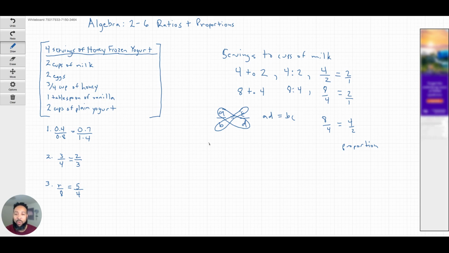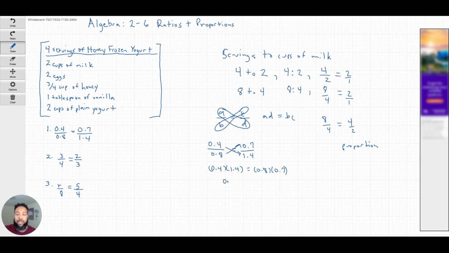So let's take an example. Let's look at our example number 1. In example number 1, we have 0.4 over 0.8 equals 0.7 over 1.4. So if we were to cross multiply to see if these were equal, we would have 0.4 times 1.4 equal to 0.8 times 0.7.